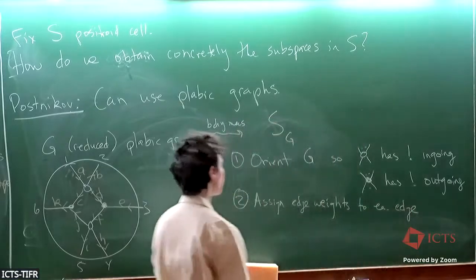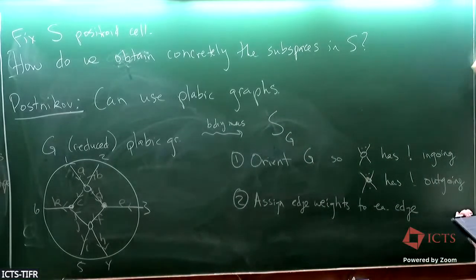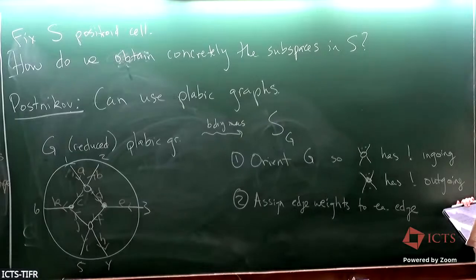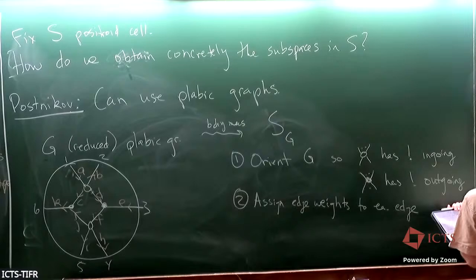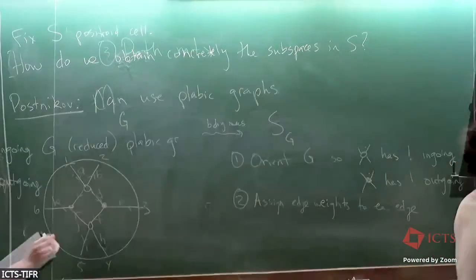Okay, and now I'm going to use this to produce a matrix, which I'm going to call the path matrix. I'm going to denote it by M_G. And secretly, it depends on the edge weights, but I'm going to omit that for now.